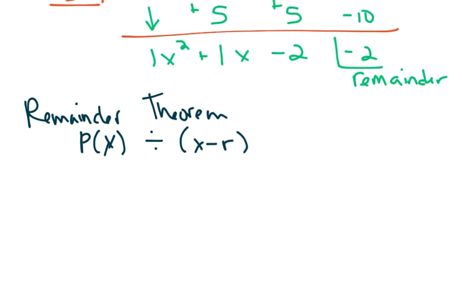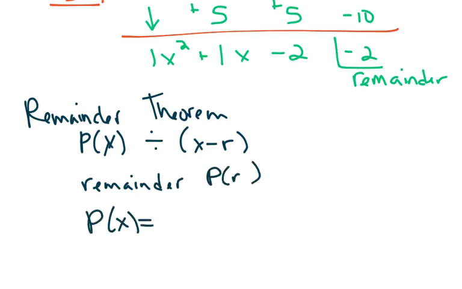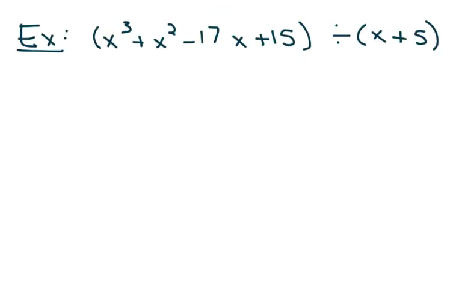We're going to call it p of r, such that p of x is going to equal what you divided by times the quotient, and then you add to it the remainder. But we don't always get a remainder when we do polynomial division.